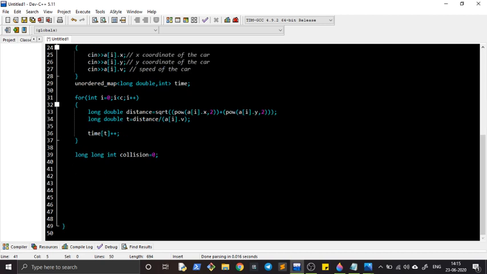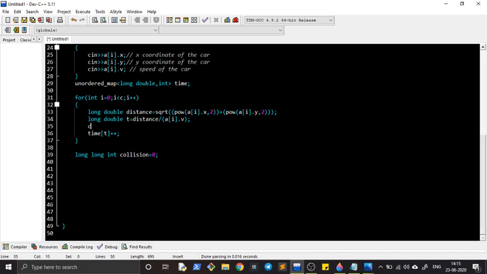Now we will traverse through the whole hash map, and the t value at different t's will be the n, and then we will simply get the total number of collisions from it. So we can check with the sample inputs the time we get for each car to reach the origin.